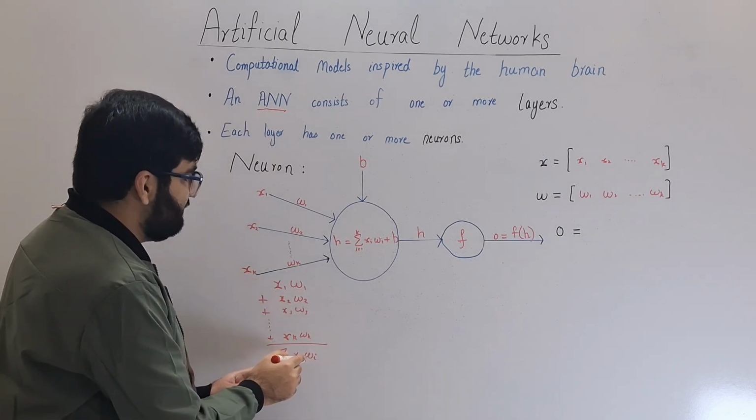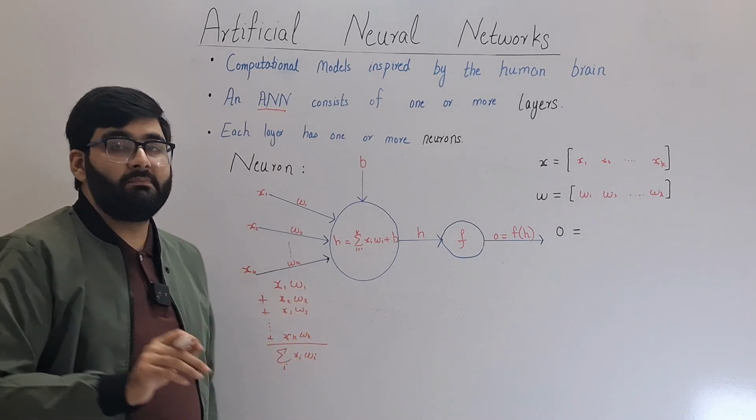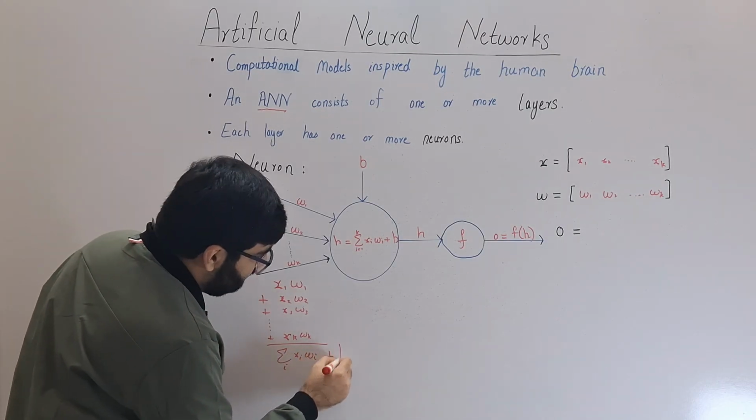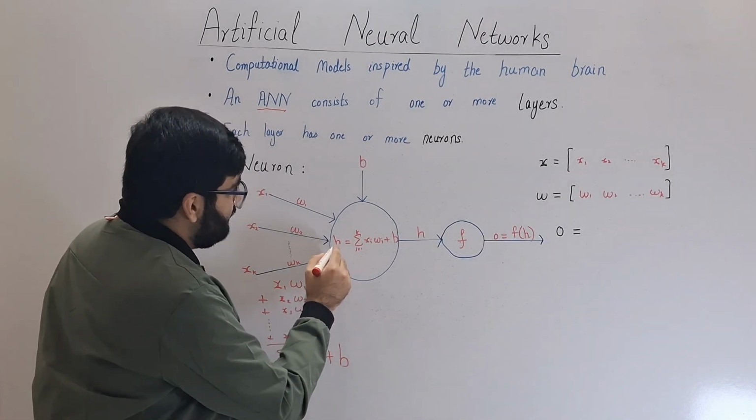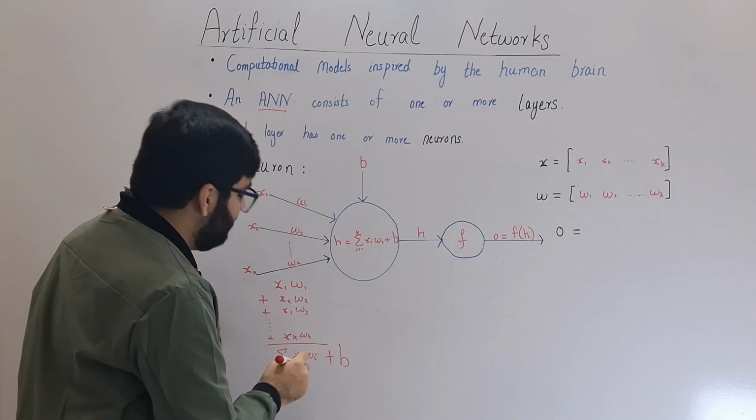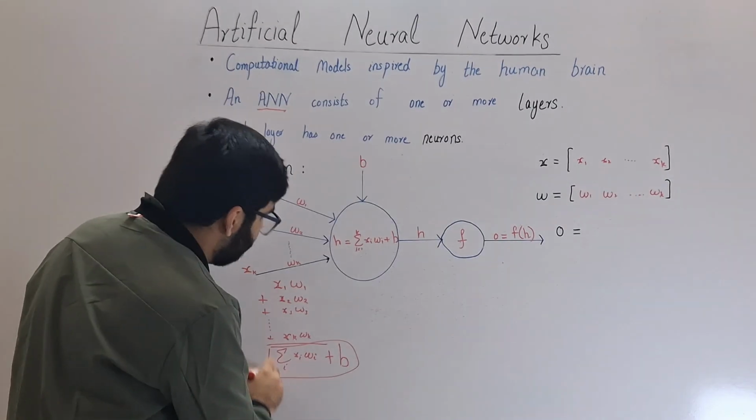After calculating the summation, the neuron adds a bias value, and this is h, that is equal to this.